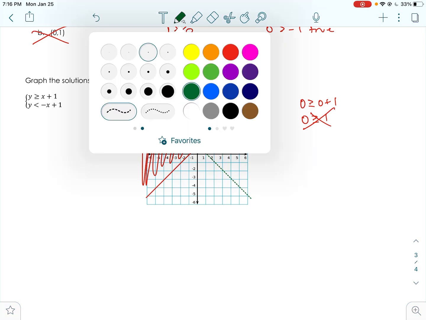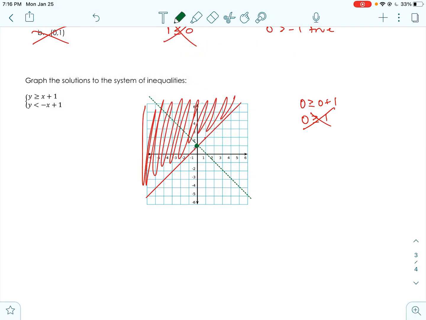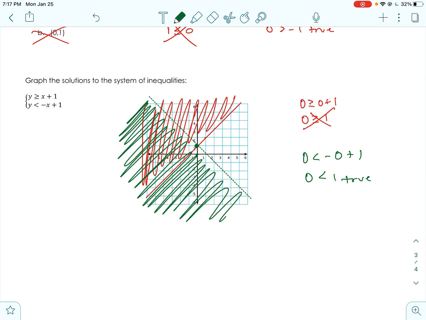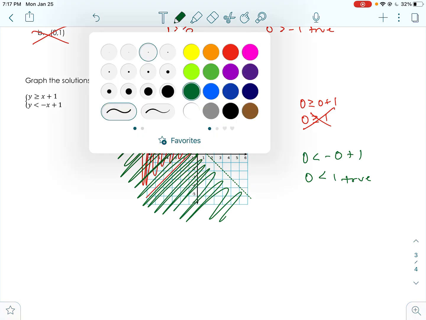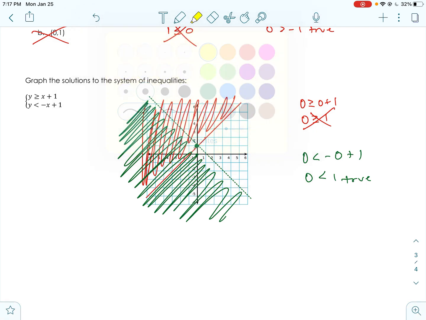And then we're going to shade where it's less than. So again, you can check (0, 0). 0 is less than negative 0 plus 1, so 0 is less than 1, which is true. So since (0, 0) is one of my solutions, we shade in here. And then you can see that your solutions fall in this region over here that I'm highlighting in yellow. So that is where your solutions would lie.